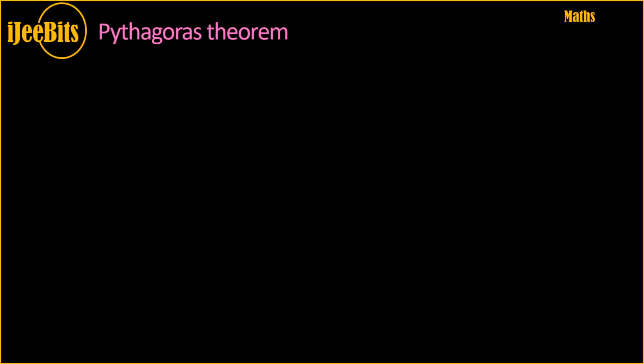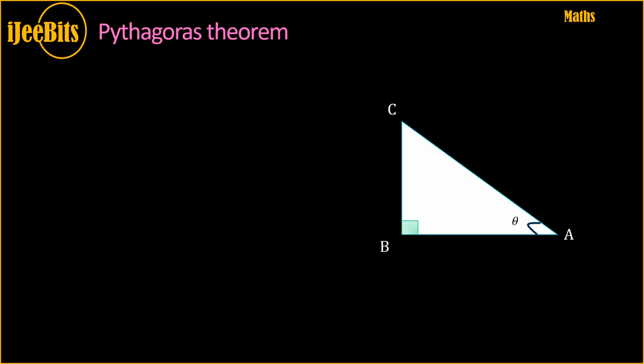If you want to go into a little more detail on what the Pythagoras theorem states, let's bring in the right angle triangle. In this right angle triangle, we have one right angle. Angle B is 90 degrees, right? And this is the observer point, theta, from which you see this side.